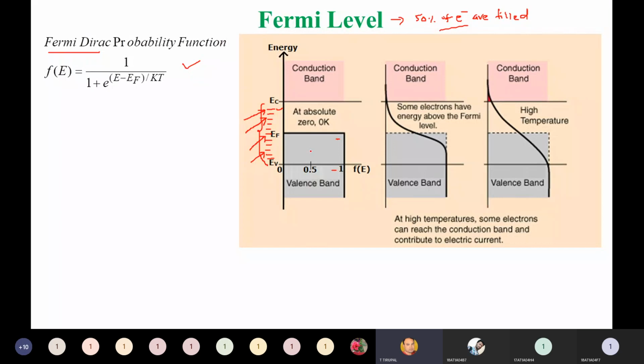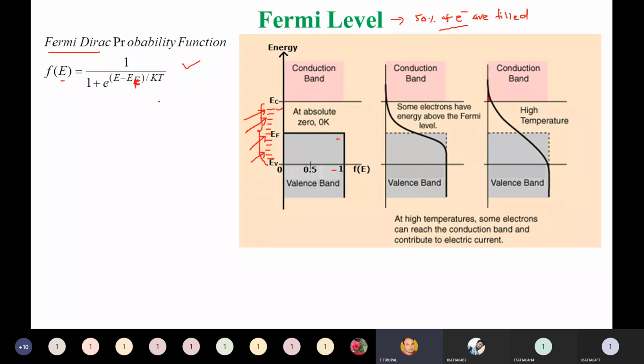That formula is given like this: f(E) is called the Fermi-Dirac probability function with respect to energy E. f(E) is equal to 1 divided by 1 plus e power (E minus E_F) divided by kT. The F is a suffix; E_F is called the Fermi energy level. E is energy, k is the Boltzmann constant, T is temperature.